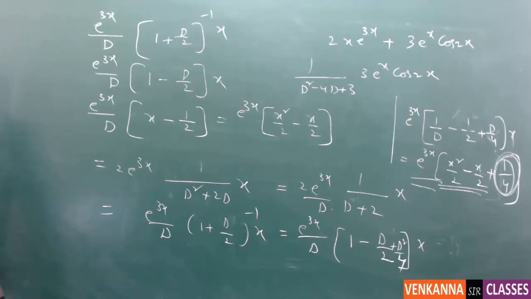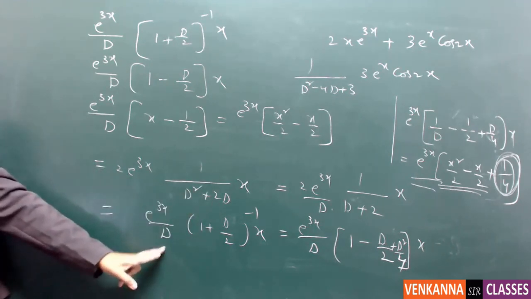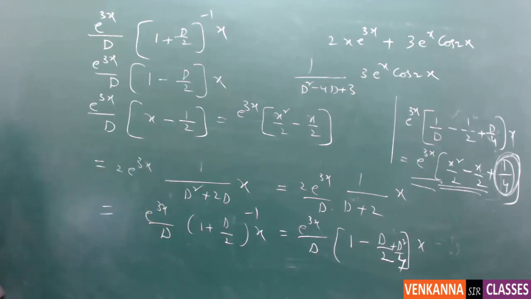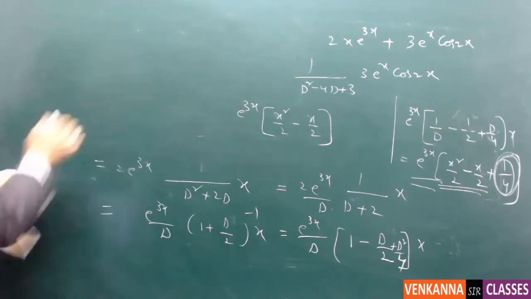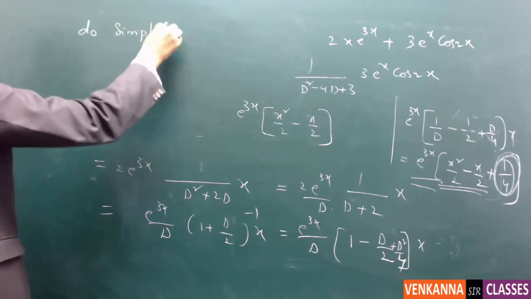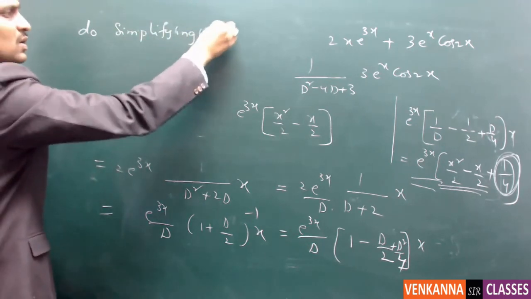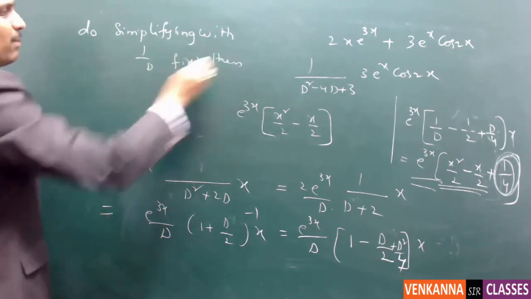So the standard procedure is that you calculate one more term, apply 1 by D, then only you simplify. So don't do the simplification first, then integration. First integrate the thing, then simplify. In the simplest manner I will write: do simplifying with 1 by D first, then apply expansion.